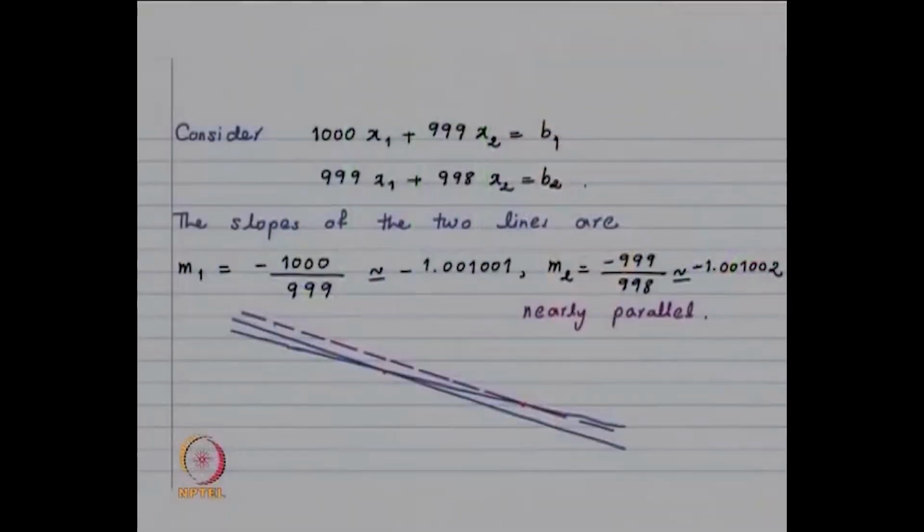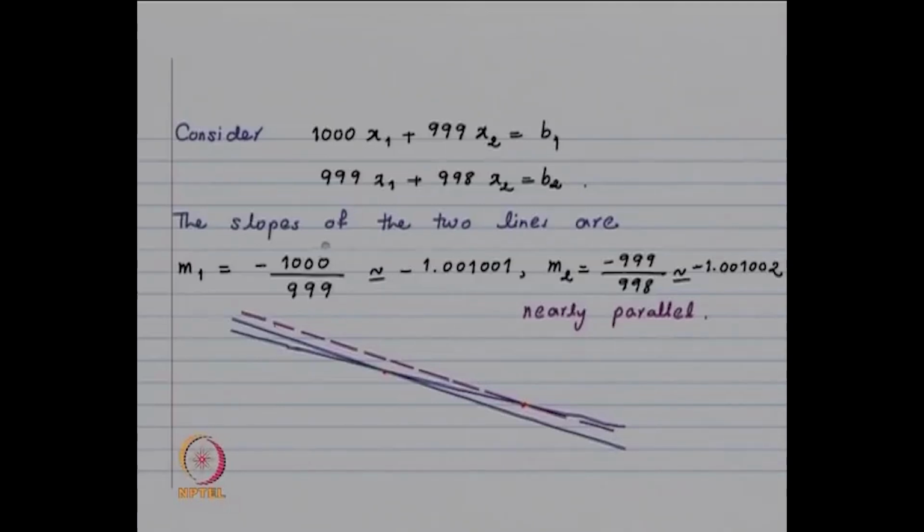So, now let us look at the straight lines given by 1000 x1 plus 999 x2 is equal to b1 and 999 x1 plus 998 x2 is equal to b2. This is the same example which we had considered yesterday and today for the maximum magnification.